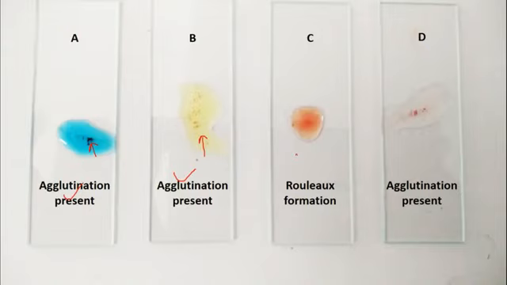Slide number C only has the normal saline plus blood solution, so there is never any type of agglutination in this slide. Only in slide number C you will find the rouleau formation, meaning the property of RBCs sticking to each other just like a stack of coins.